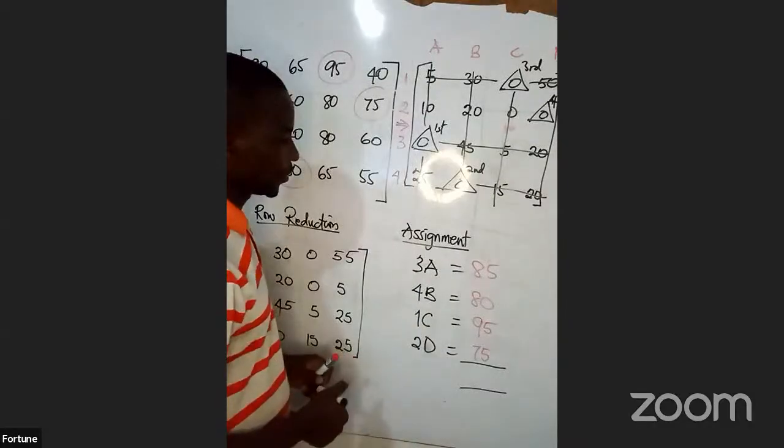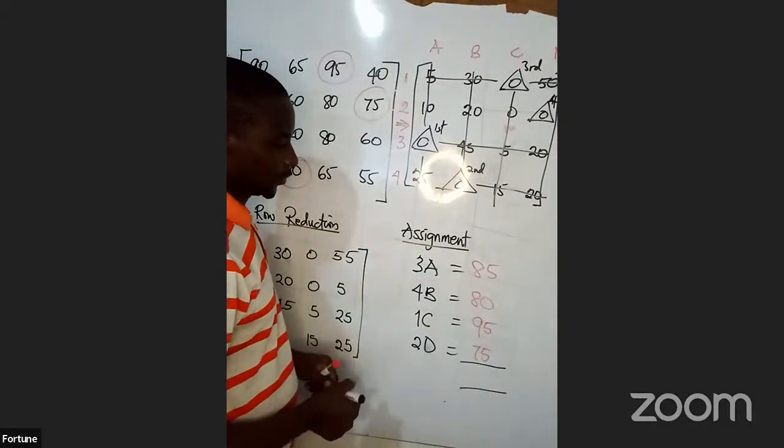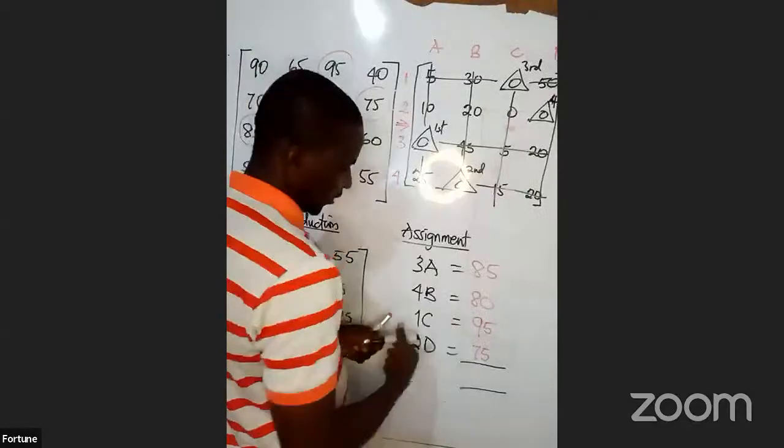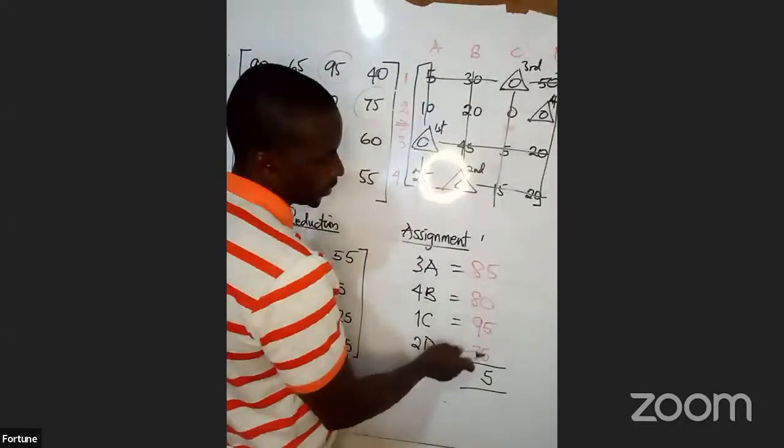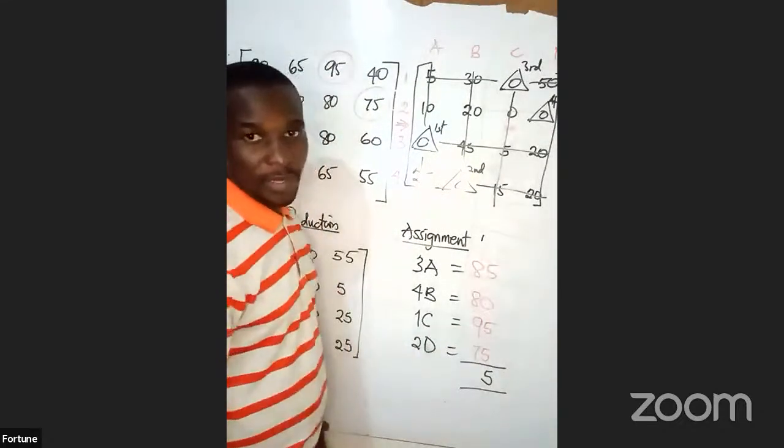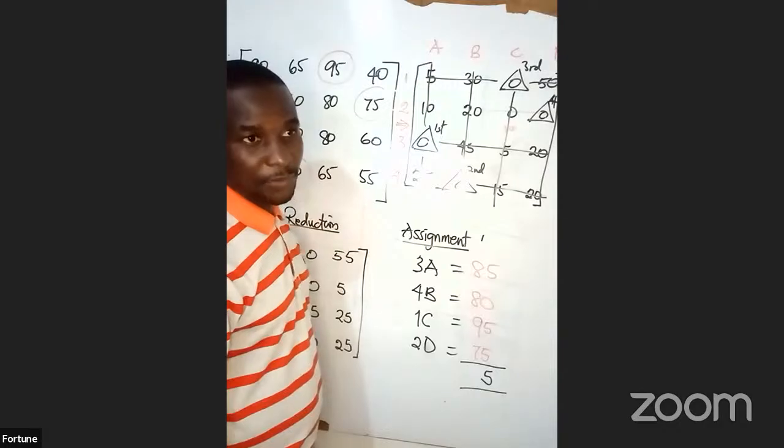So let's add up. 5, 5, 10, 15, 9, 17, 26, 30. Is that 33? 33.